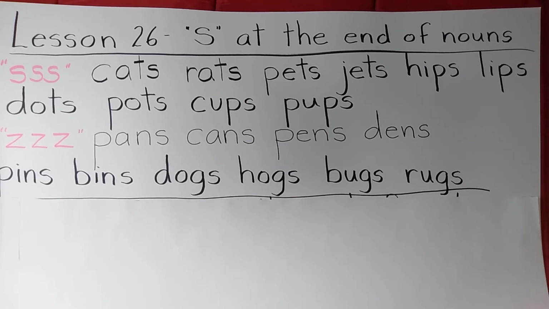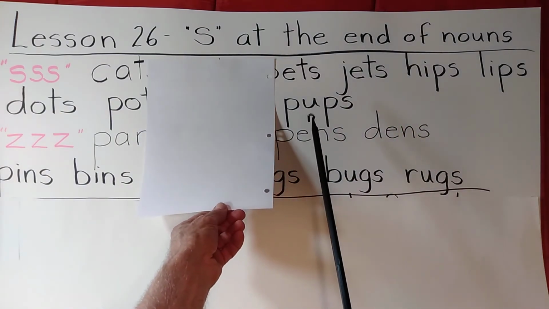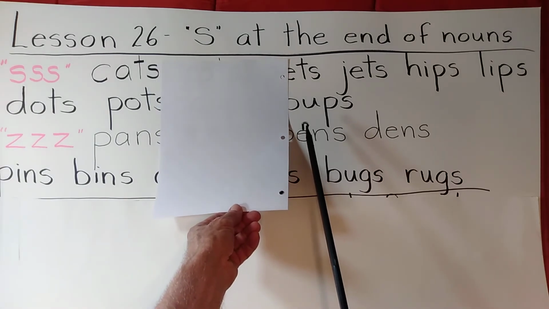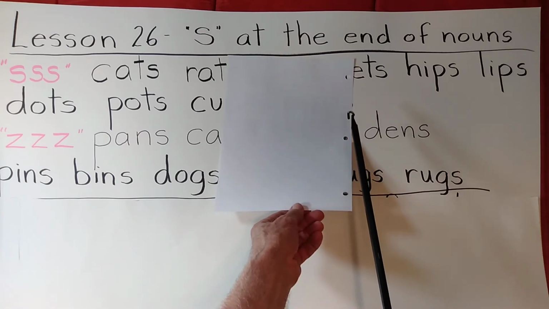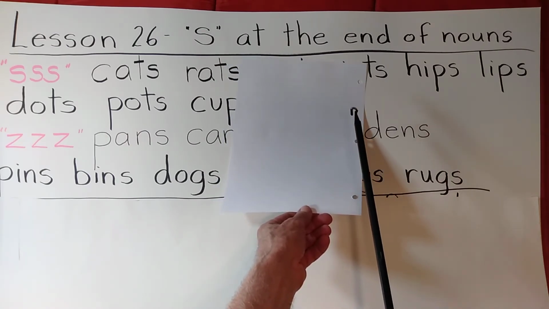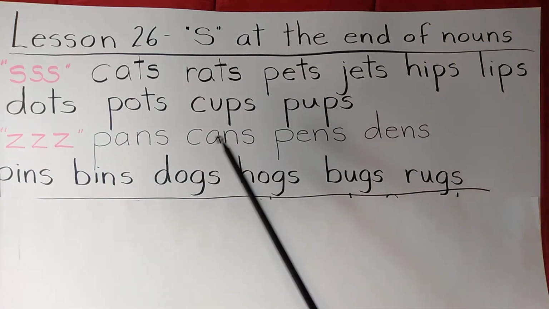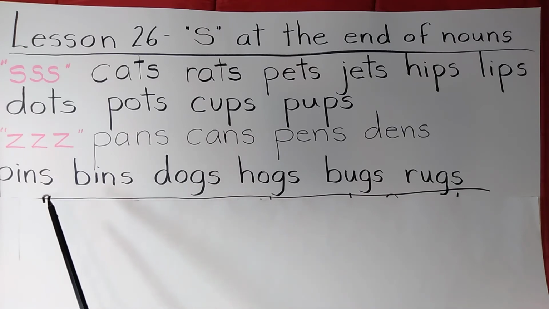So in our first couple words up here, we've got cat. But when we put an S on it, it means more than one. Cats. We got rat. When we put an S on it, more than one. Rats. Okay, so that's plural when you put an S on a noun.